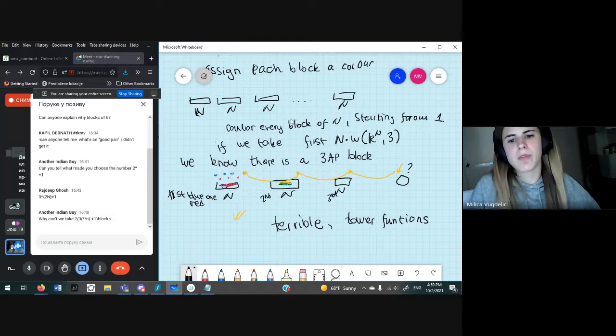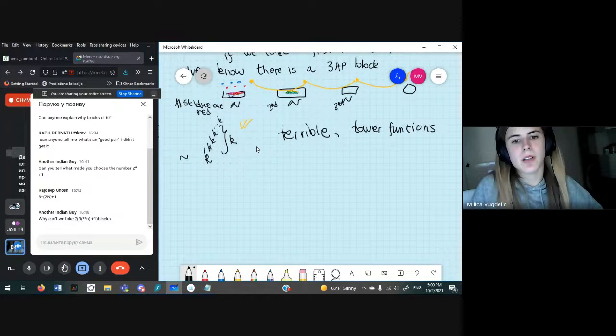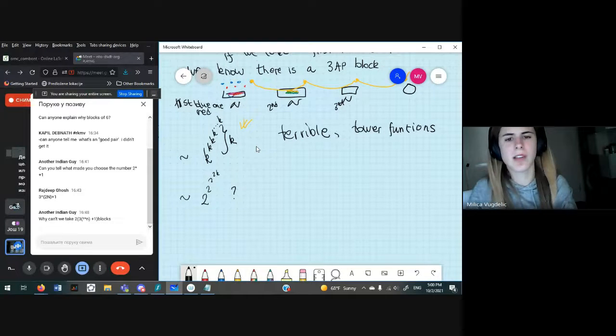And the one we proved here, for a K term, would be something asymptotically that looks like this, which is just unimaginable. So the bounds aren't really good, but the best one is also some tower function, which looks like 2 to the 2 to the 2 to the K. Not sure, something like that. And it has been proved recently.